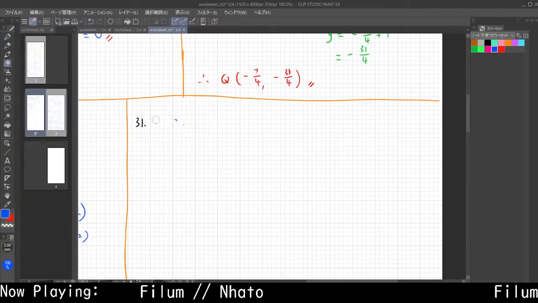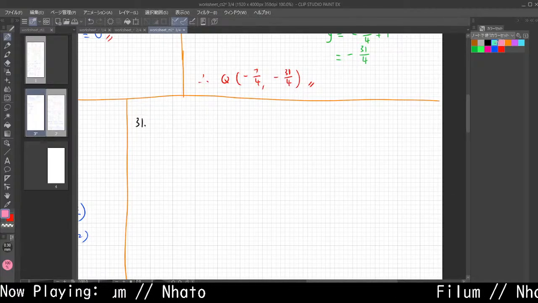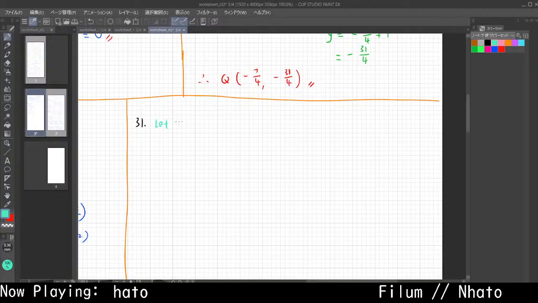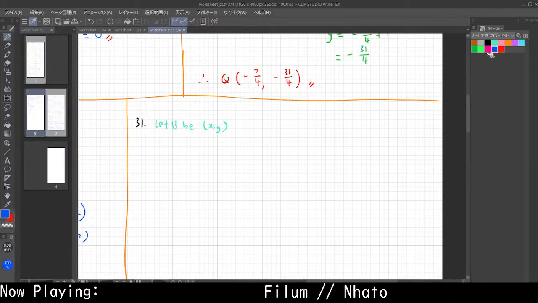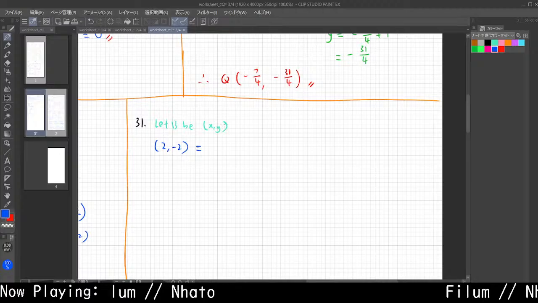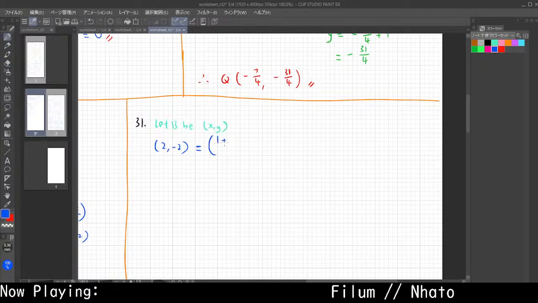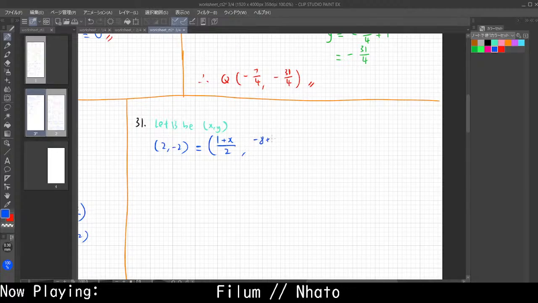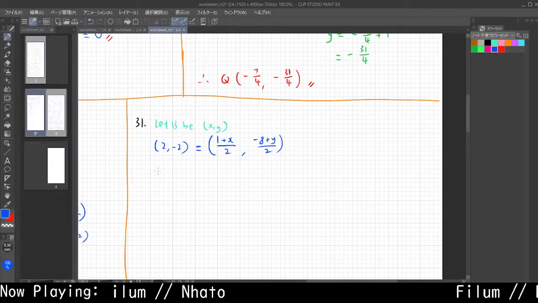Oh wait, I need to let B be x comma y. So your 2 comma 2 will be equal to 1 plus x over 2 comma negative 8 plus y over 2. So you just compare directly.